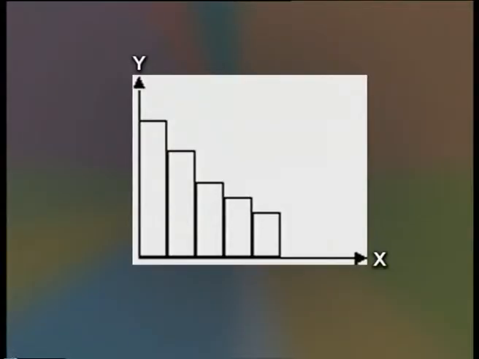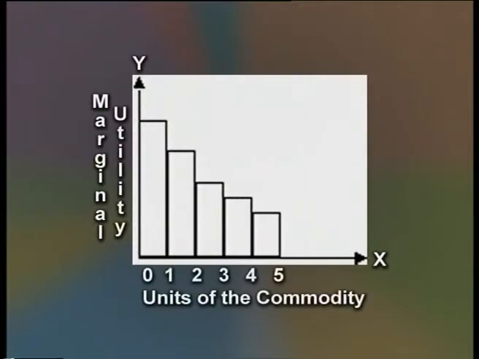This can be shown through a diagram where on the vertical axis we measure marginal utility and on the horizontal axis we measure the quantity. So when each unit increases, we can see what happens.